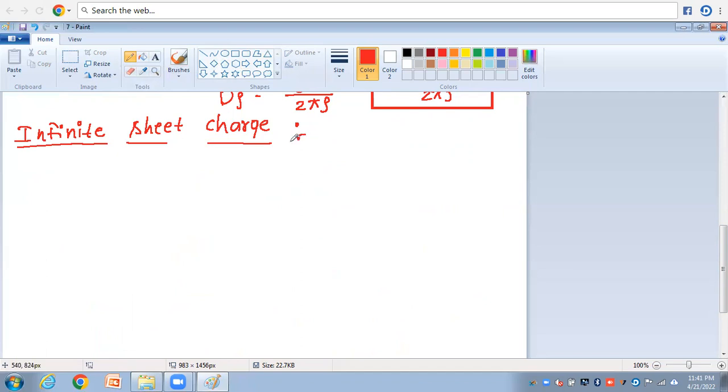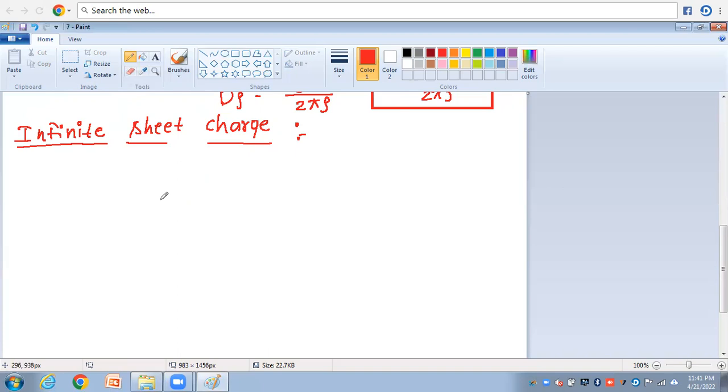So doing some mathematical calculations, there are two parameters for the infinite sheet charge, the top and the bottom. Already we discussed electric fields due to continuous charge distributions. We derived some expressions. Just go through those expressions.